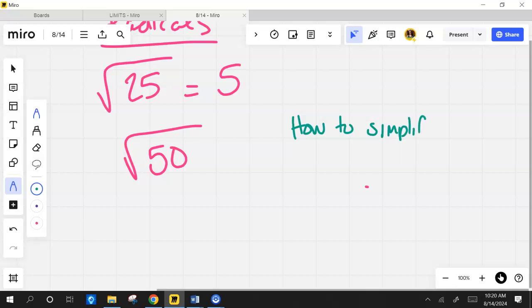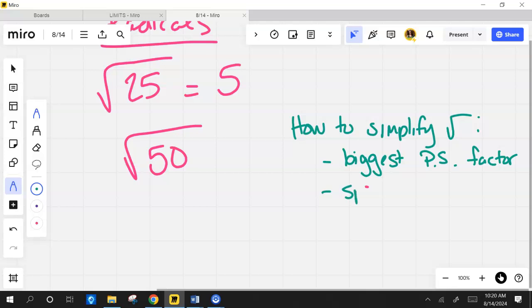Well, there's not two though, right? No two same numbers multiplied to 50. That's exactly right. We look for the biggest perfect square factor of what's under, and then we split the radical up.